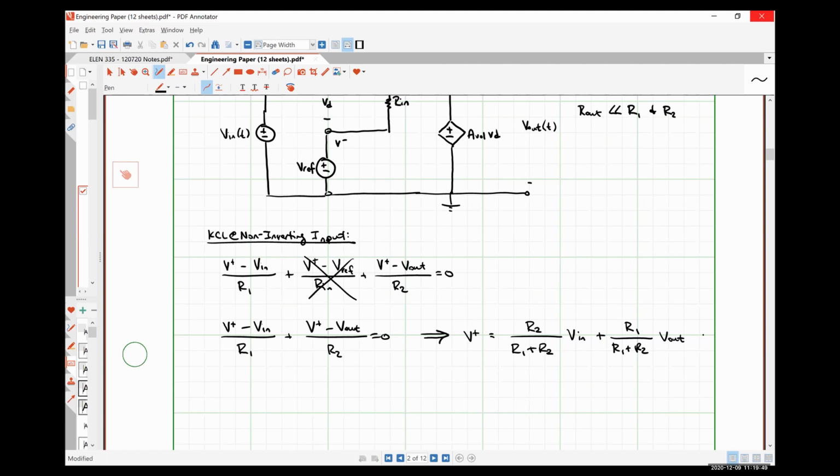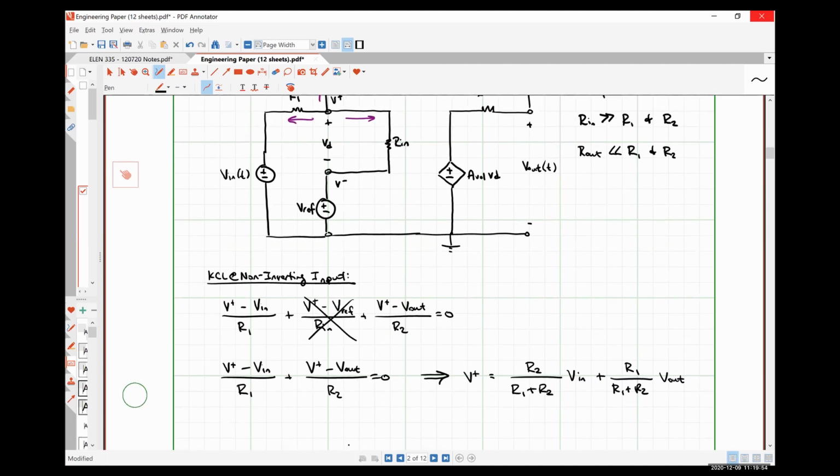Now let's make one other observation here really quick. If the current flowing through this resistor Rin is negligible, then what does that mean about the voltage drop Vd?